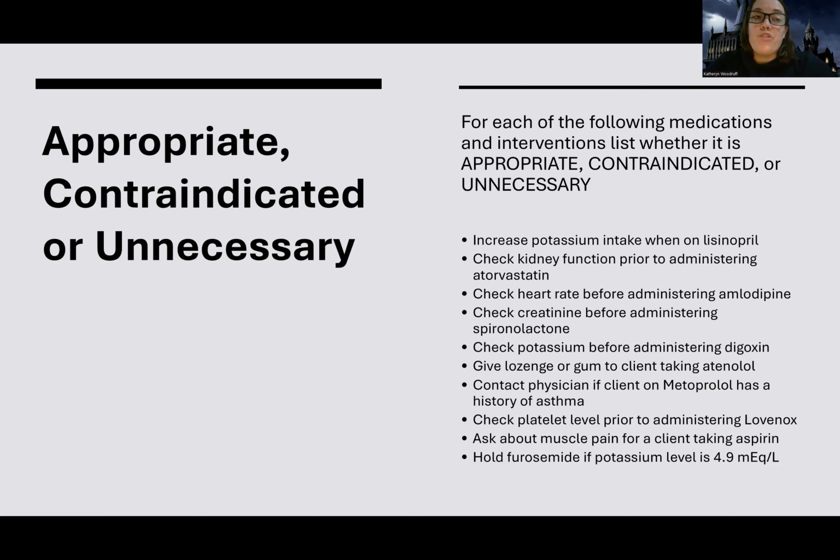This would be very dangerous for people that already have narrow spastic airways like asthma, COPD, and people that smoke. So contact physician if client's on metoprolol is going to be unnecessary. Whereas if it said the client is on carvedilol, labetalol, propranolol, nadolol, all those, it would be appropriate.